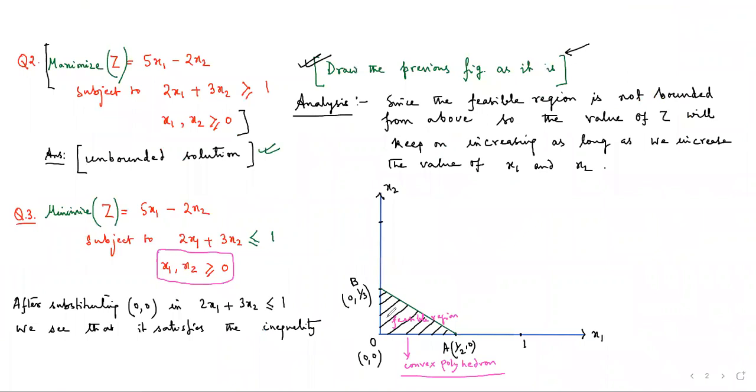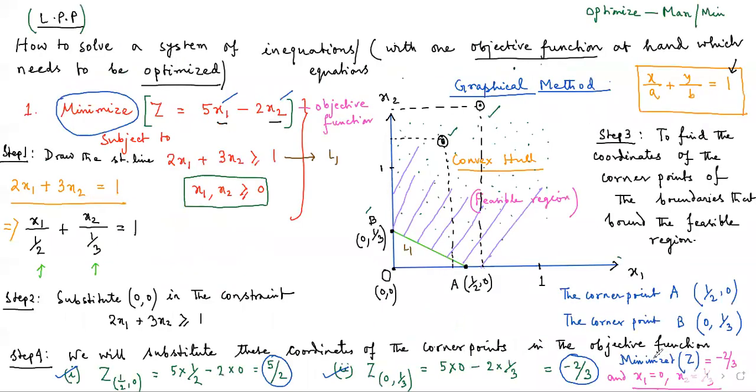So now it is a closed region. How many corner points are there here? Now there are 3; previously there were 2. In the previous figure, if I put 0 in these 2 points, what do we get on the left-hand side? 0.